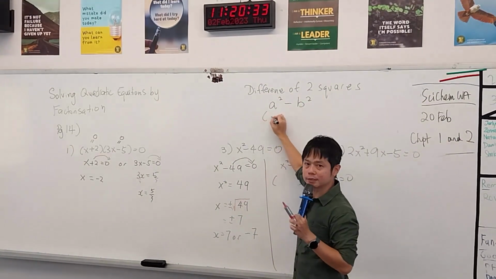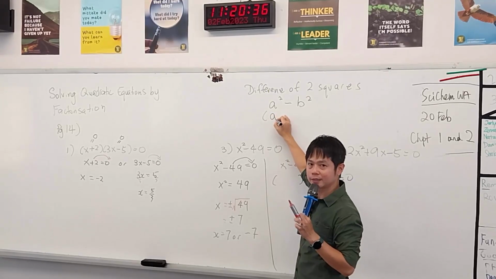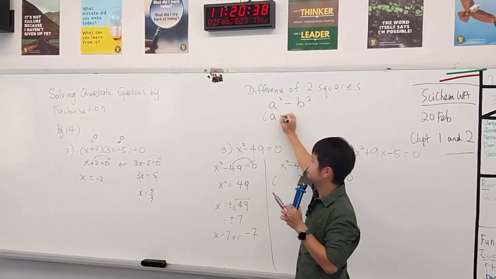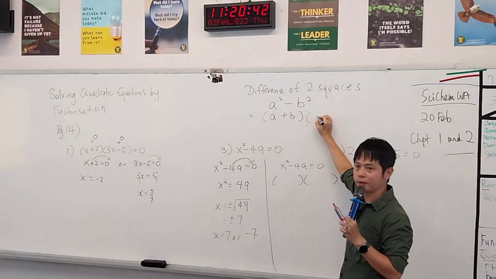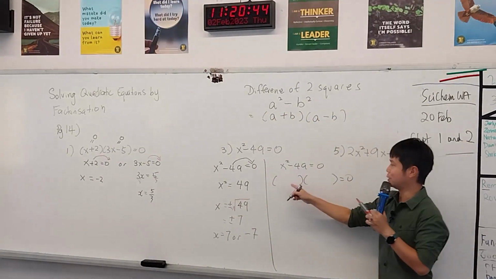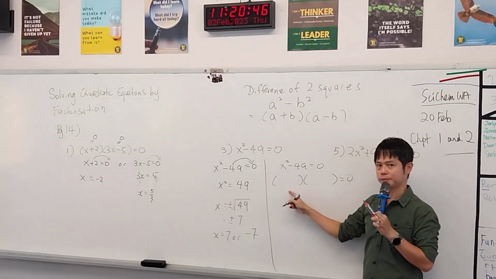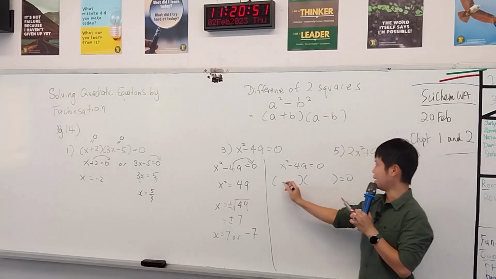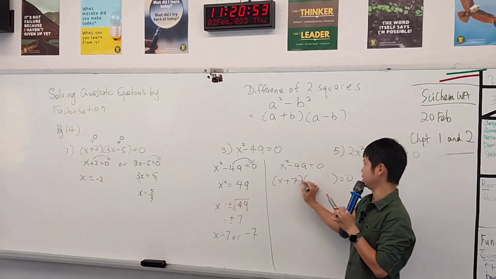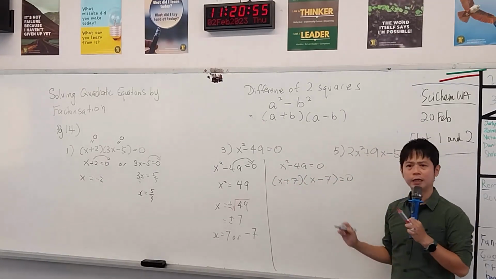When we factorize we get a plus b, and the next term will be a minus b. So we will have x plus 7, x minus 7.